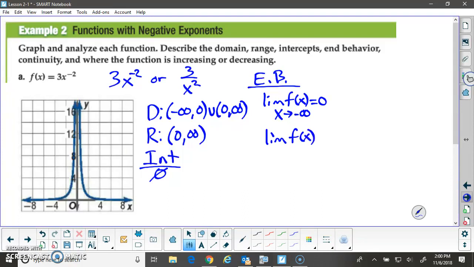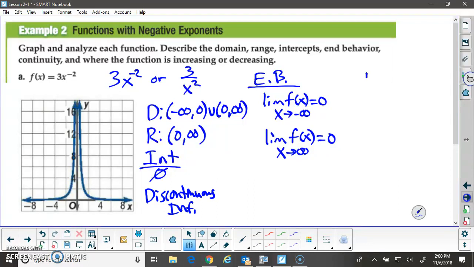And if you go to the right, you're going to get closer and closer to 0 as well. This is a discontinuous function. The type of discontinuity is infinite discontinuity.